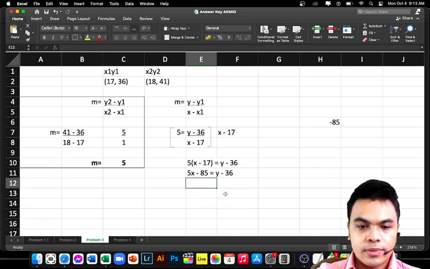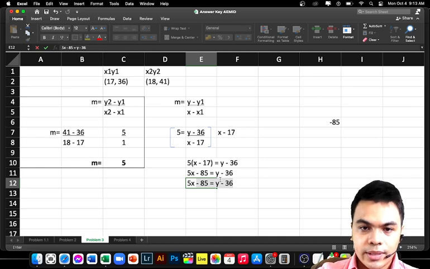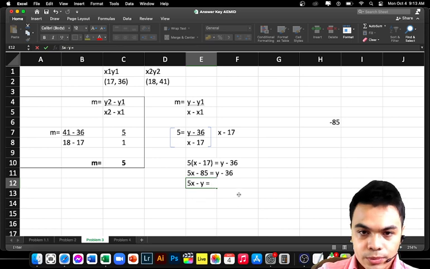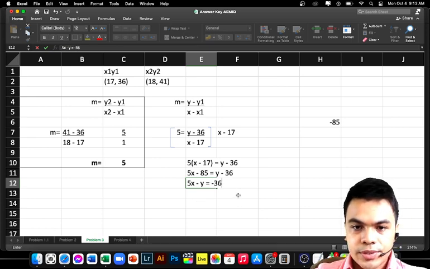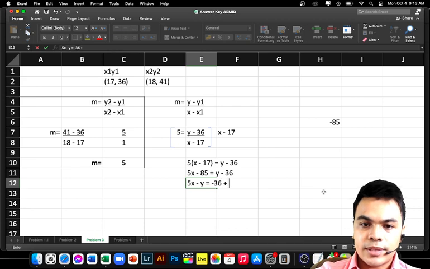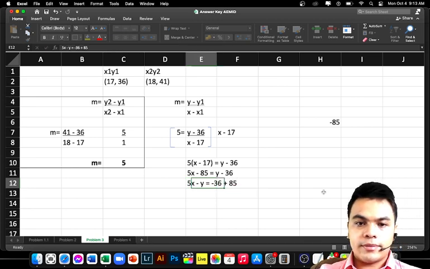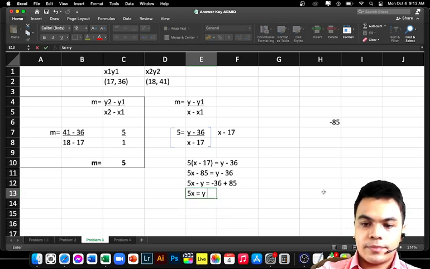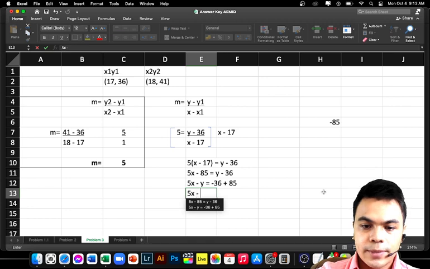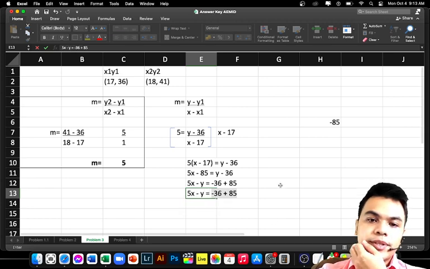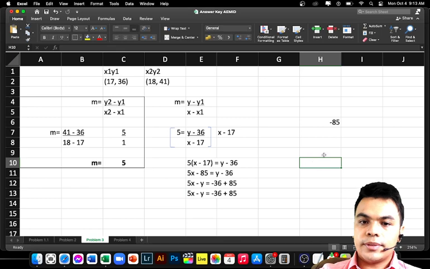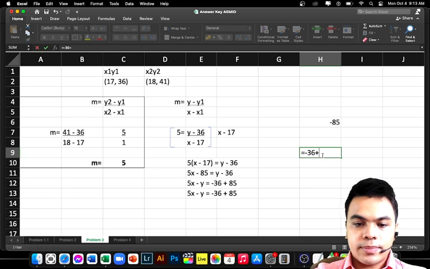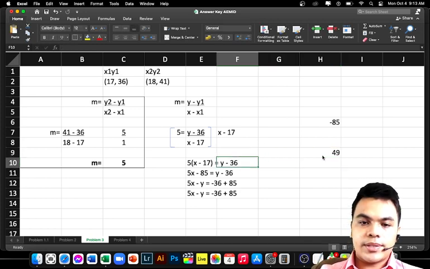Okay, what's next? We transpose. This is now 5x. Let's move y to the other side, so that is minus y is equal to negative 36. Let's move the 85 to the other side, so that is plus 85. 5x, minus y is equal to 85 minus 36, which is 49.